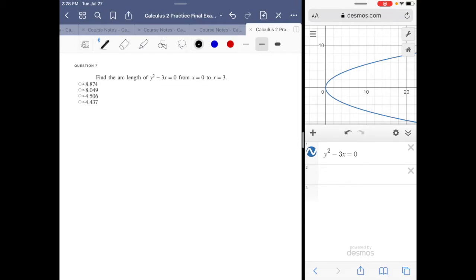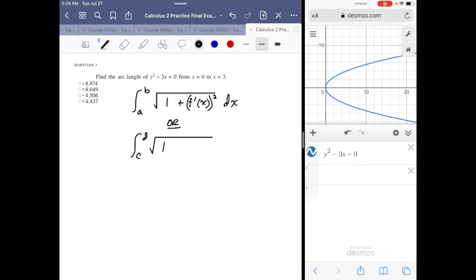All right. So what I want to do is first take note of the arc length formula. The integral over the interval of a to b, c to d, depending on your approach, of the square root of 1 plus f prime of x squared dx, or the same idea, just with respect to y.